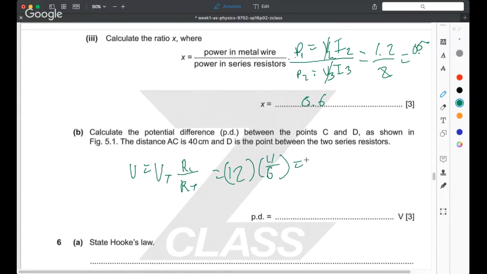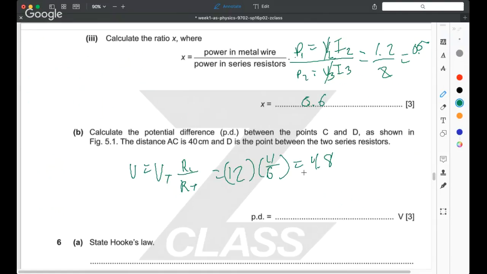The question is 5, right? Yeah, question 5B. So it's 4.8.